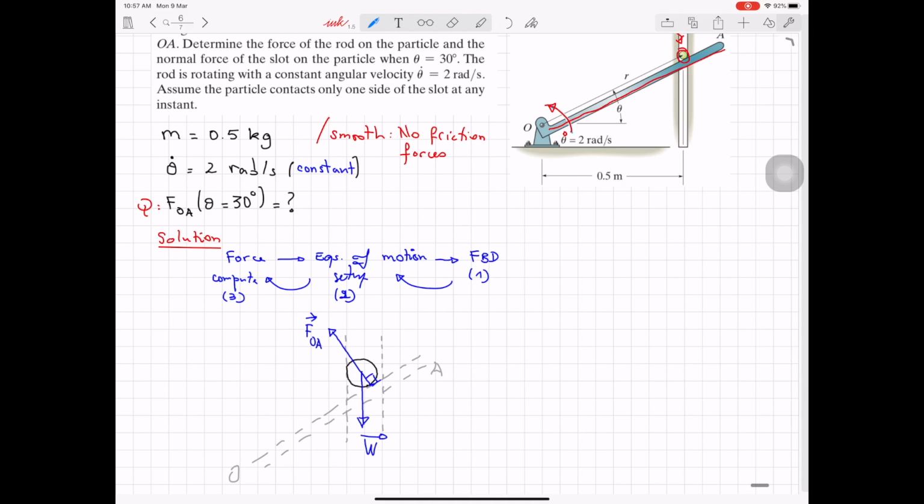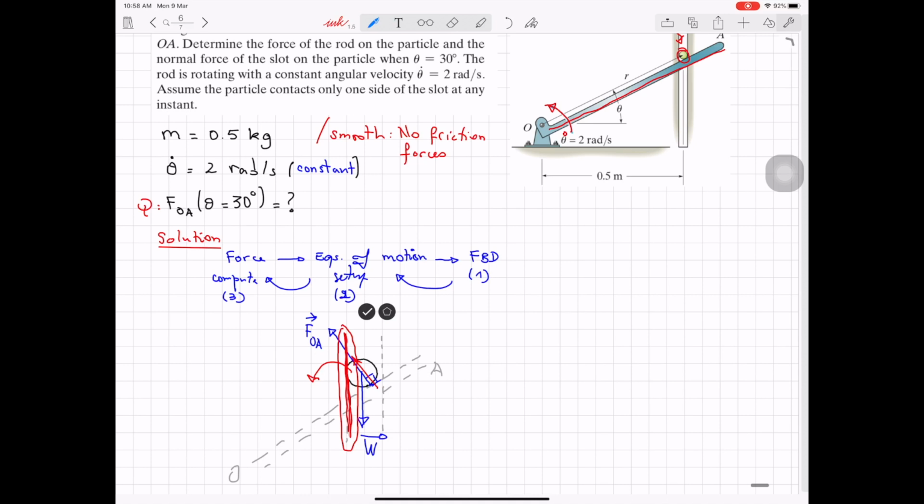So we have to be very careful. Imagine that this side of the slot doesn't exist. What will happen to the mass is that when the arm OA exerts a force in this direction, this mass will just fall. So it is very important to have this support.